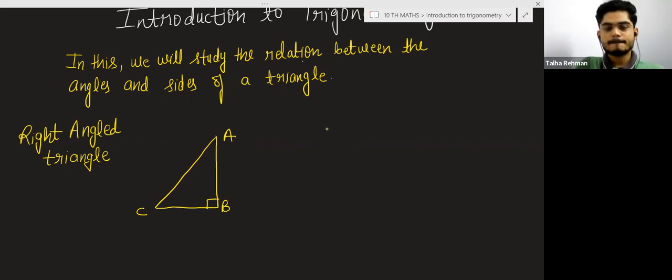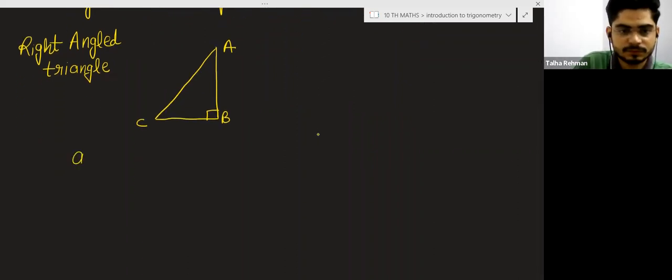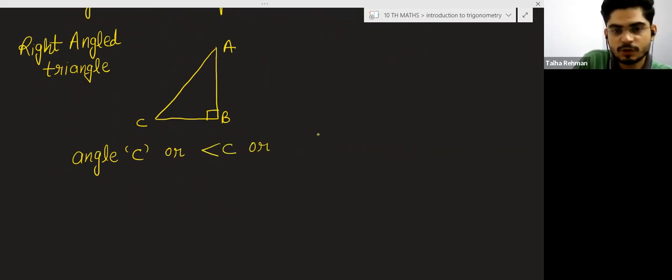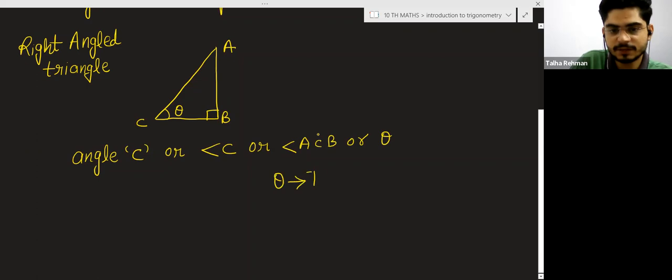I am supposing the angle C, or you can say angle ACB. If I suppose this as theta, you can say angle C is equal to theta. This symbol is known as theta.